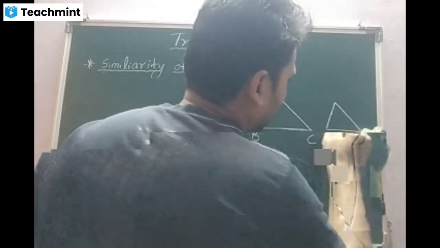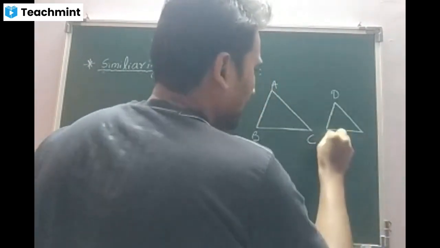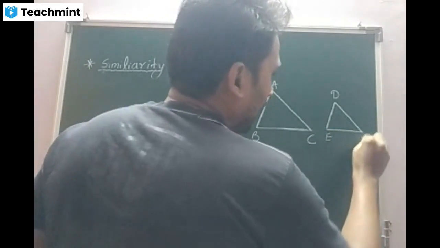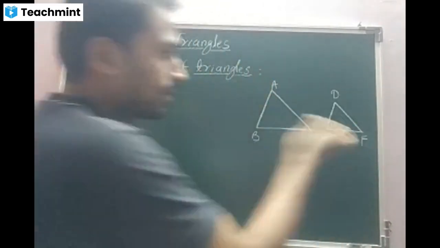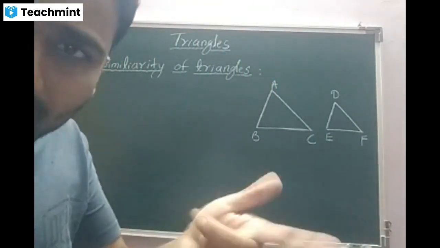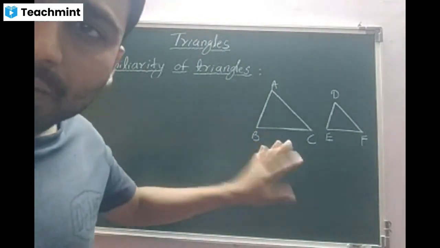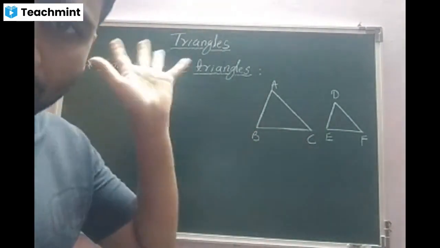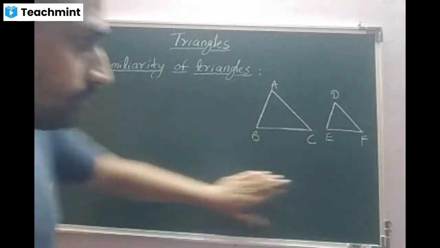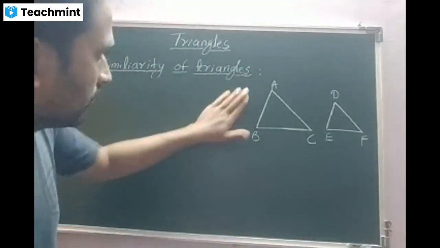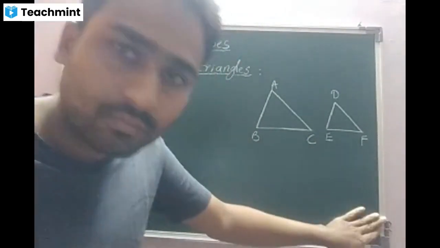Keep the shape same. And remember, beta, initially, we won't be 100% perfect to draw the similar triangles. A little bit here and there will be there. The marginal error is acceptable. Got the concept?